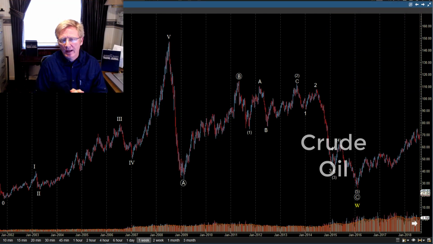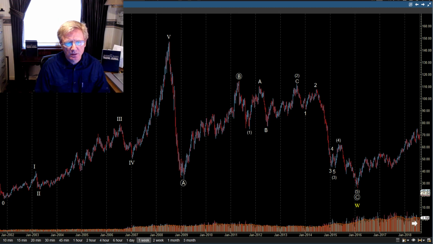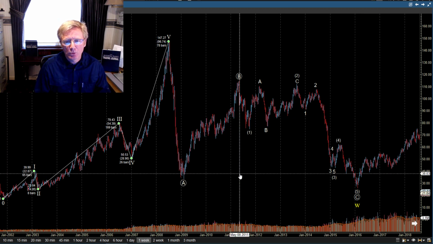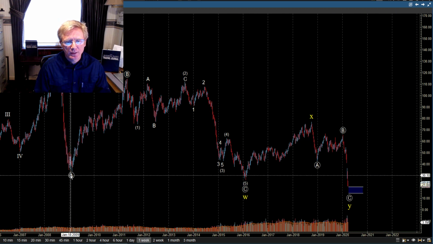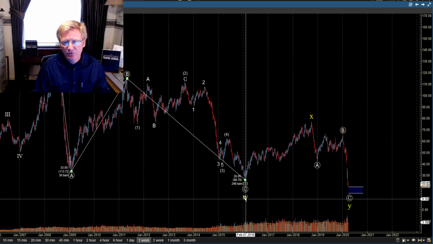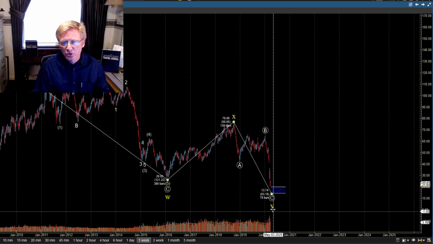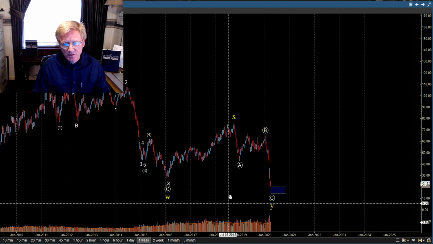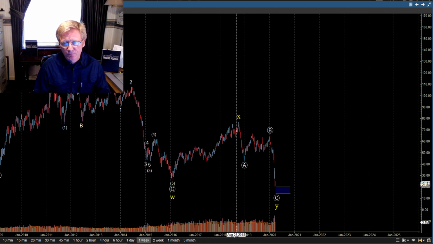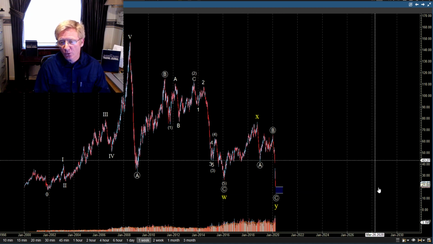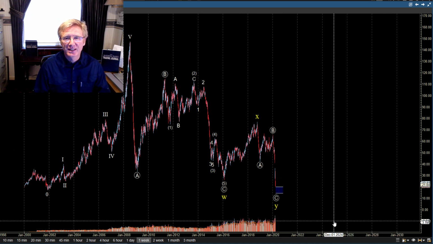For crude oil, I have 2 major counts, both pretty much saying the same thing. This one, we have 5 waves for the motive wave, and I'm looking at an ABC for a complex correction, WXY. Now, this complex correction could be over right here, or it could go on for another 5-10 years.